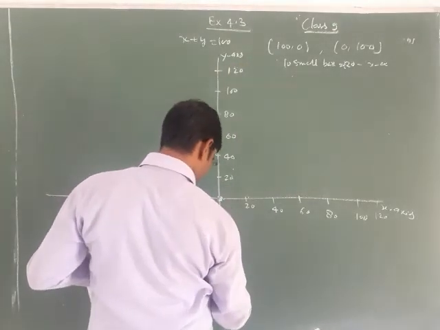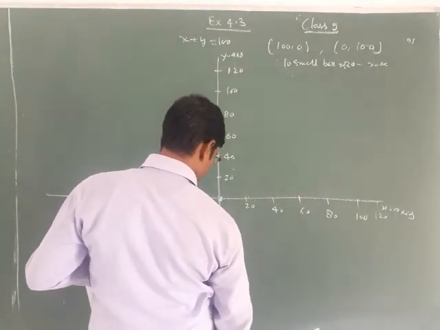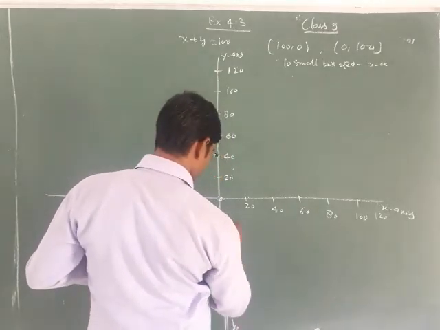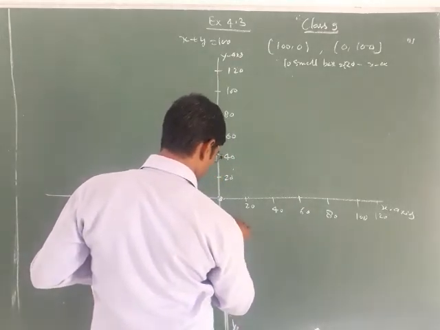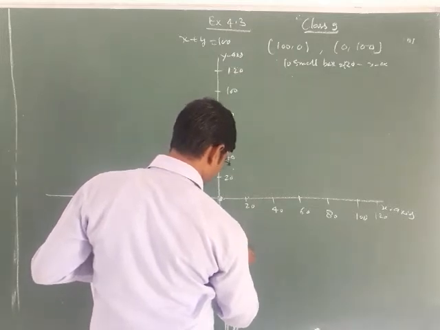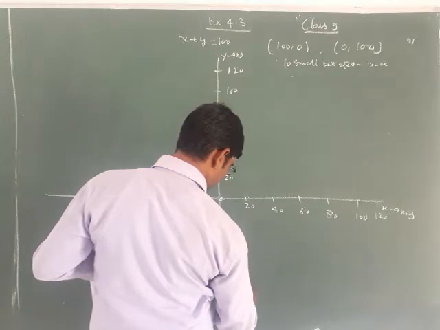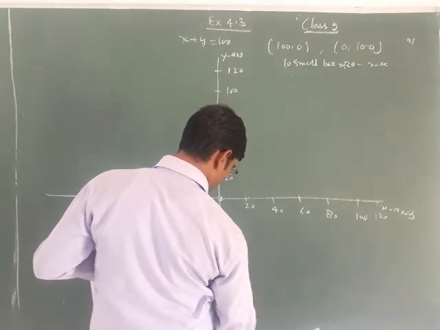On the y dash axis, minus 20, minus 40, minus 60, minus 80, minus 100.